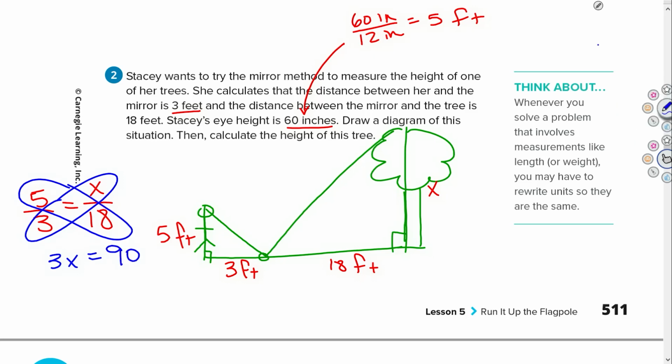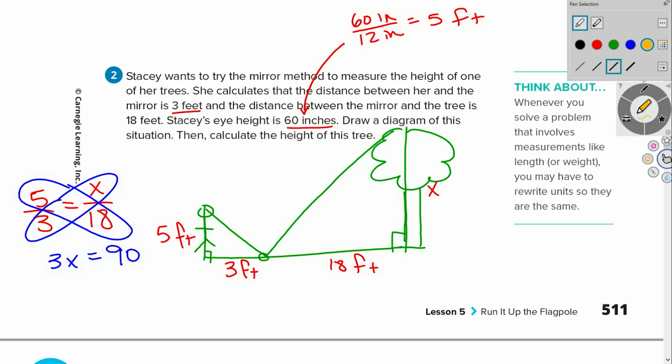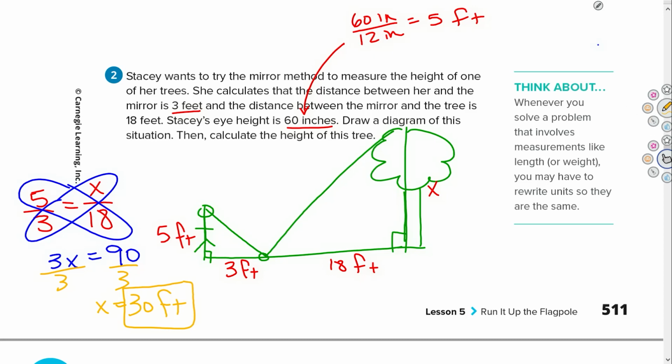Then if you divide by 3 on both sides, you find that x is 30 feet. Again, make sure you have units as it's a word problem.